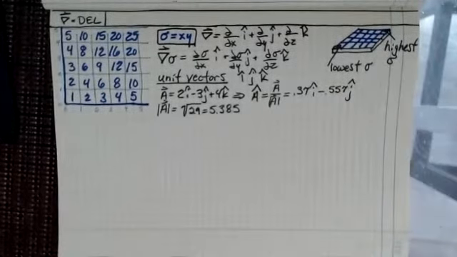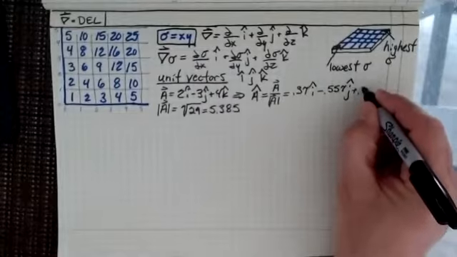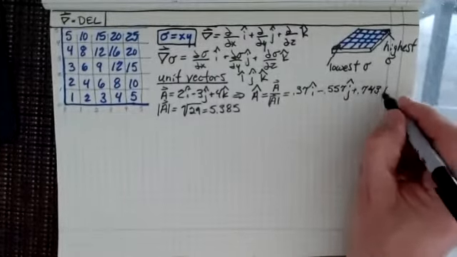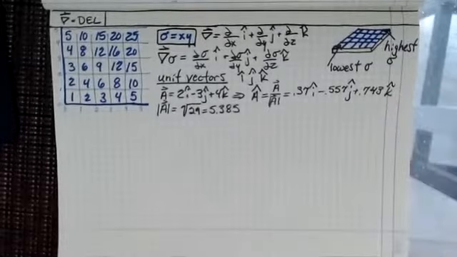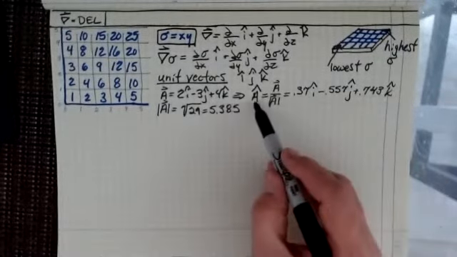And then 4 divided by 5.385 is 0.743 K hat. Does everyone see that? So that's what the unit vector would be.